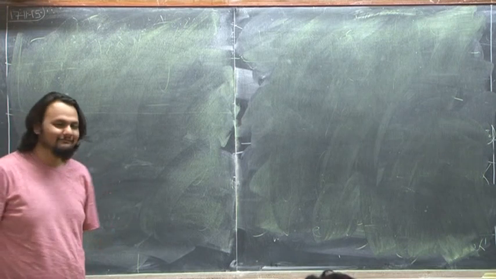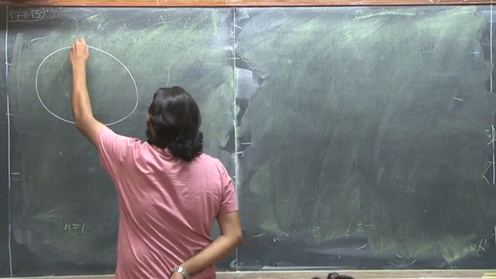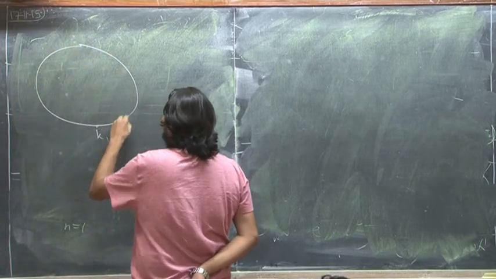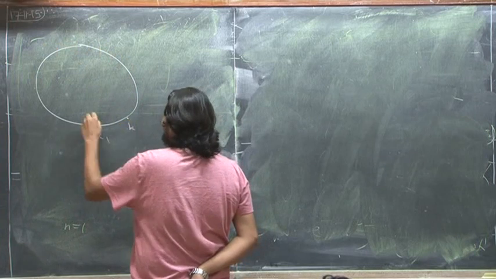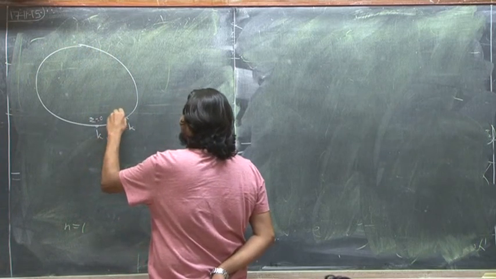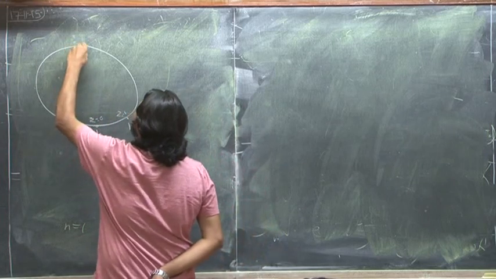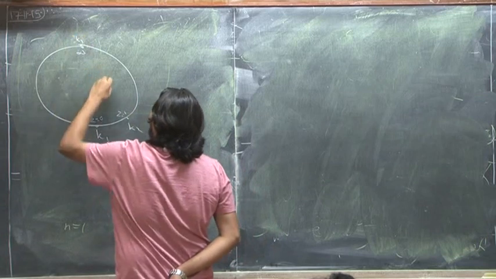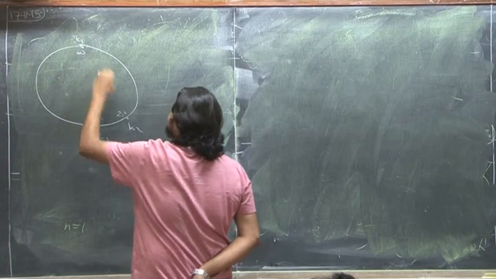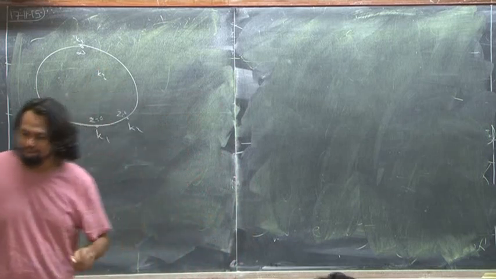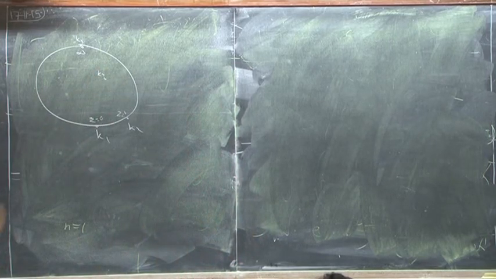I'm going to do the calculation for the 4 graviton amplitude. So obviously we start with the sphere, put K1 here, K2 at 0, K3 at 1, and K4 sitting somewhere.